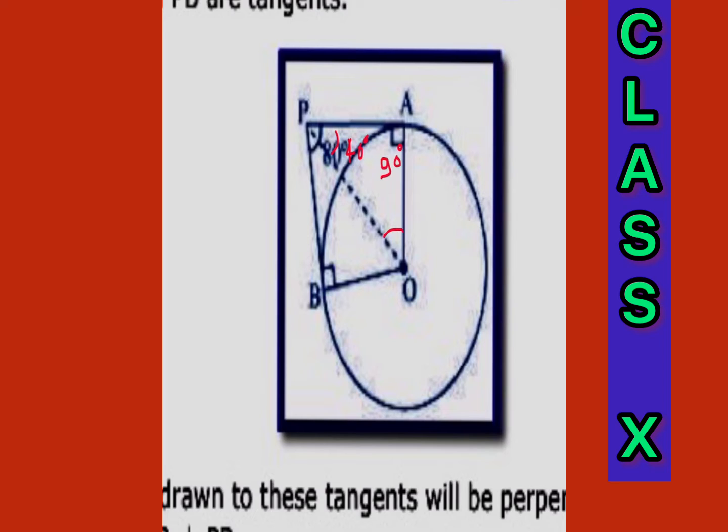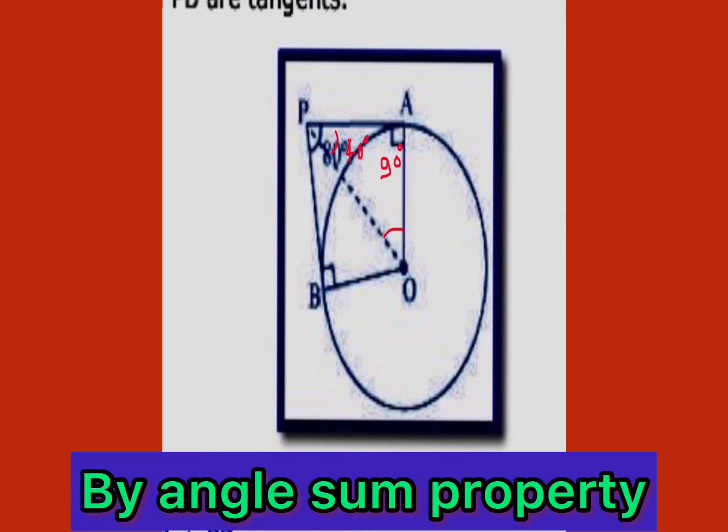You know the angle sum property in a triangle, that angle A plus angle B plus angle C equals 180 degrees. So 40 degrees plus 90 degrees plus x, if this angle is x, equals 180 degrees.